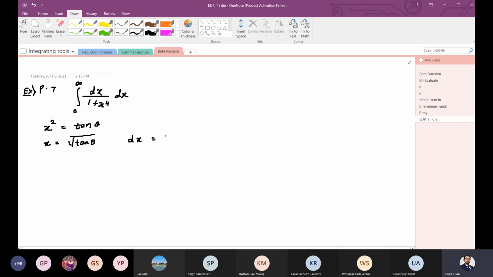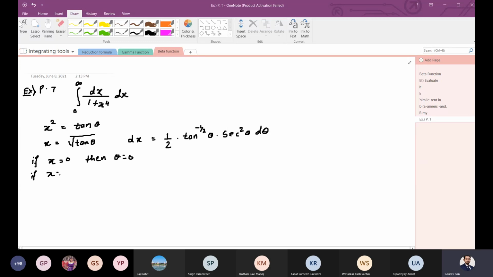dx is equal to 1/2 tan raised to minus 1/2 theta sec squared theta d theta. Also, if x equals 0, then theta turns out to be 0.